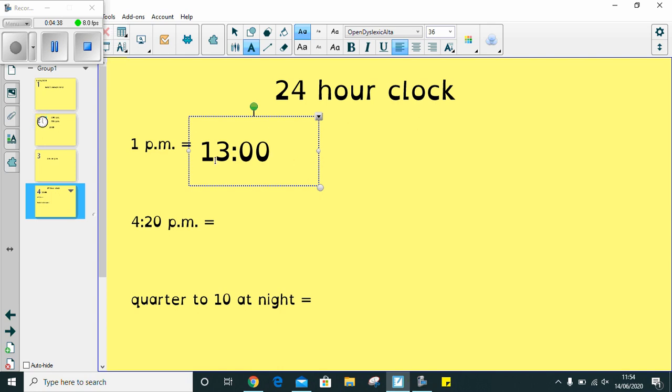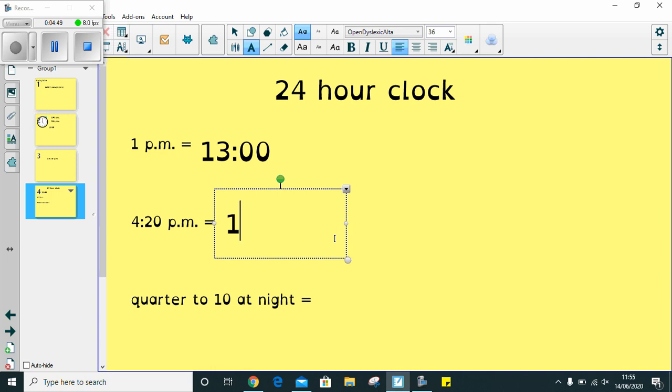That 13 tells me I'm in the afternoon. Right, 4:20 PM, again, add 12 onto my hours, so it would be 16, but still 20 minutes past. So again, these times mean the exact same time, 4:20 PM or 16:20.